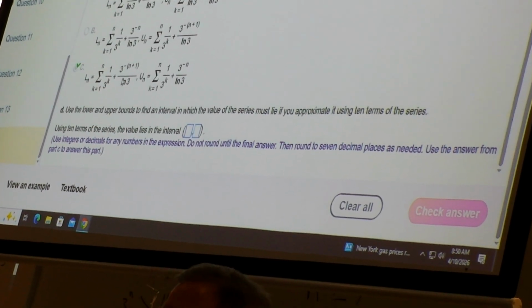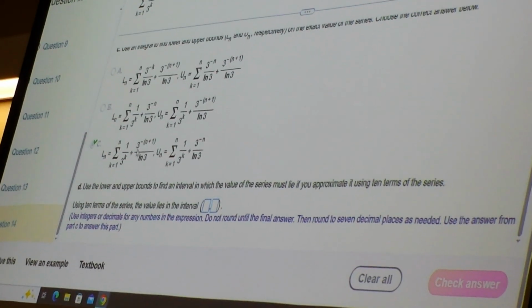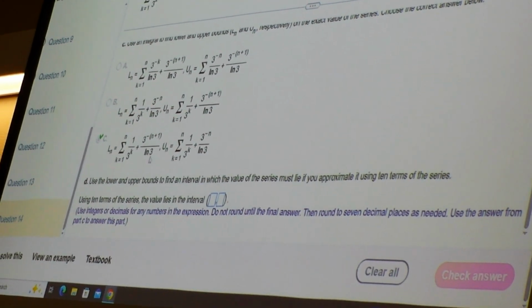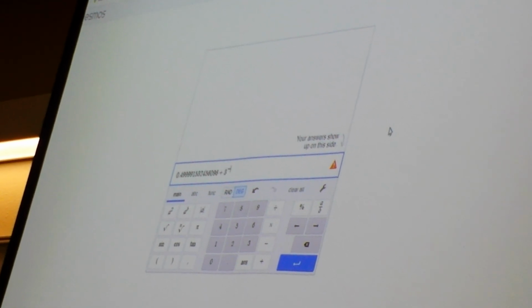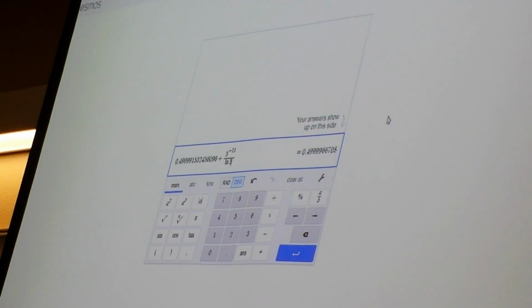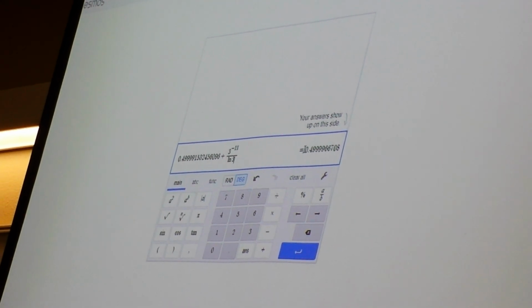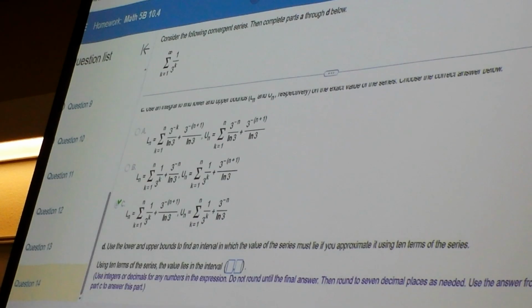Well, we can do that on Desmos too. 3 to the negative 10 plus 1, so that'll be 3 to the negative 11, over natural log 3. Plus 3 to the negative 11 over ln 3. And we got our answer here. Control C, then back to our problem. 7 decimals.